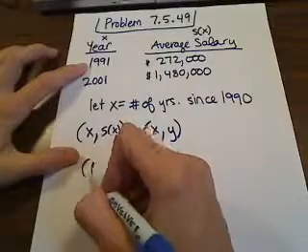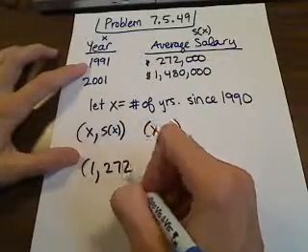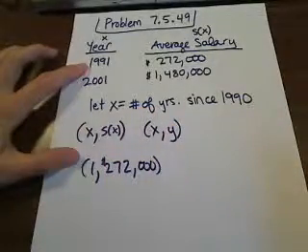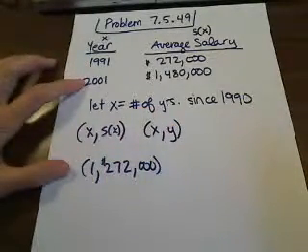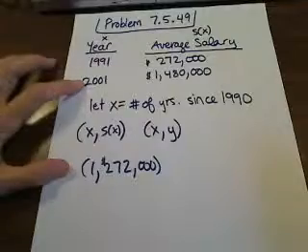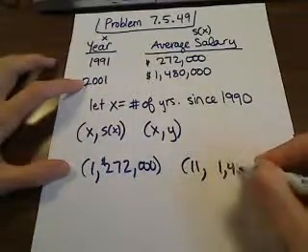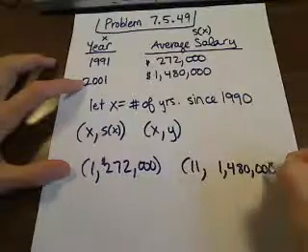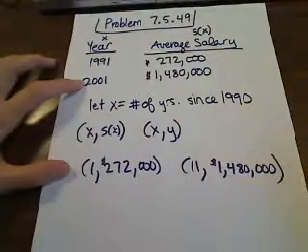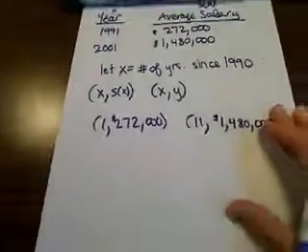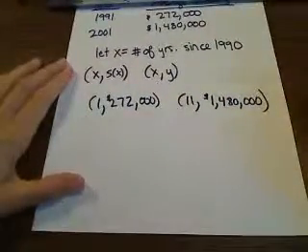The first ordered pair would be 1 and 272,000. The second ordered pair, since 1990, is year 11, so in year 11 we're dealing with a salary of 1,480,000.